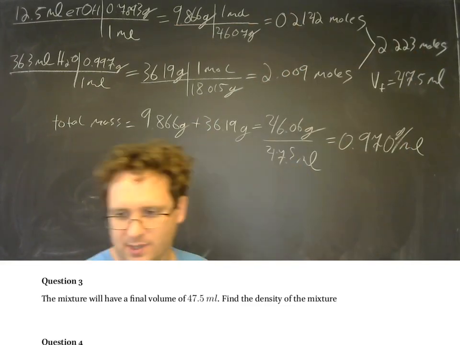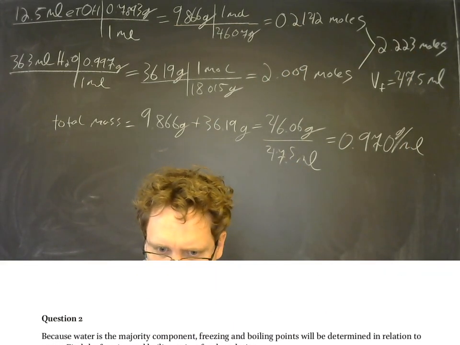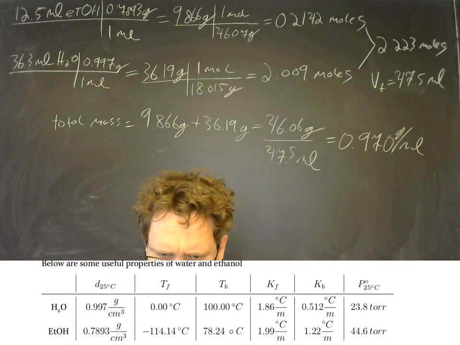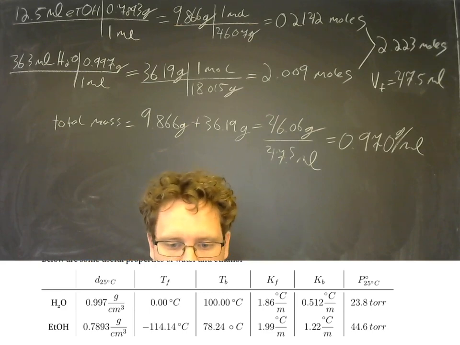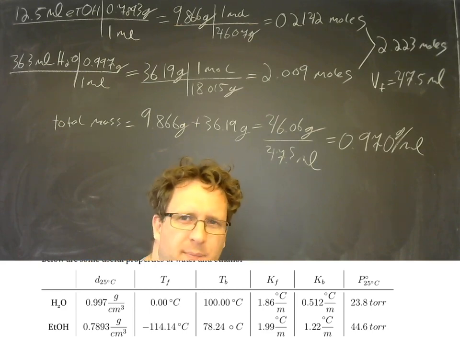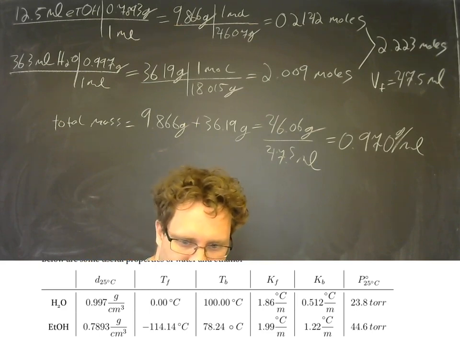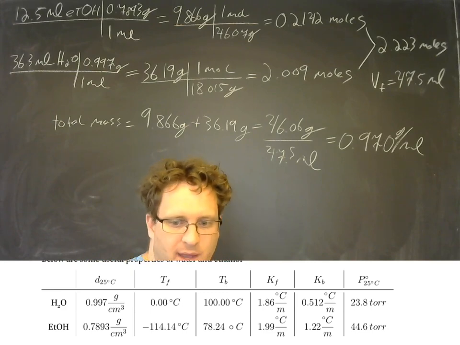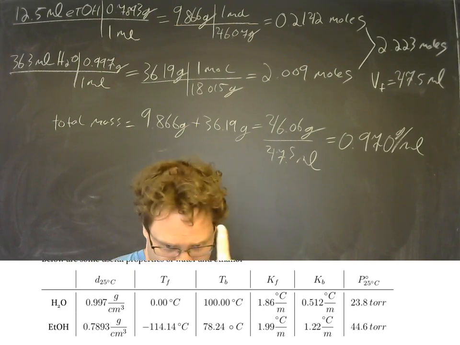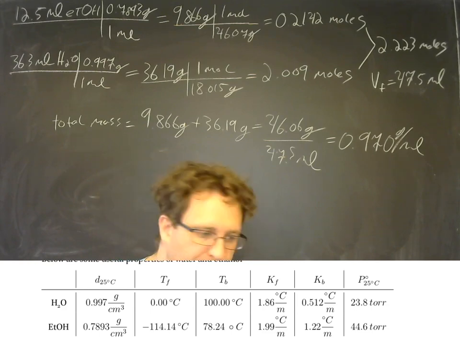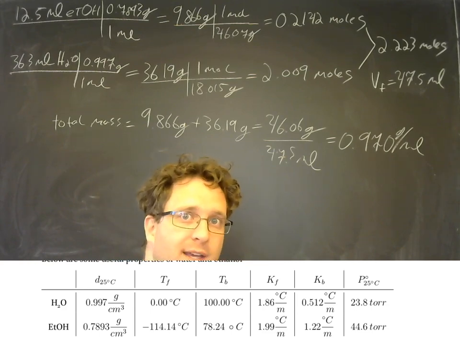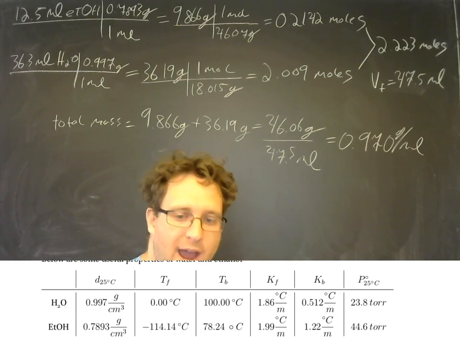Now this may not seem all that surprising. It is a density that is intermediate between the water and the ethanol. But if you dig a little deeper, it's not 90% of the way toward the water like you would expect. What happens when water and ethanol mix is that they actually contract in volume.